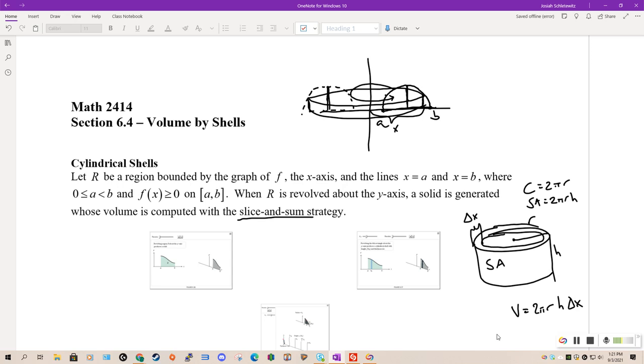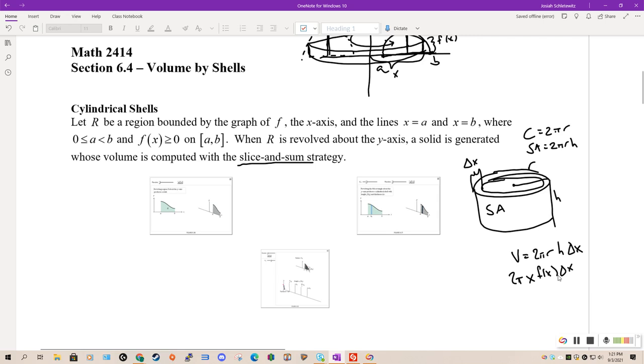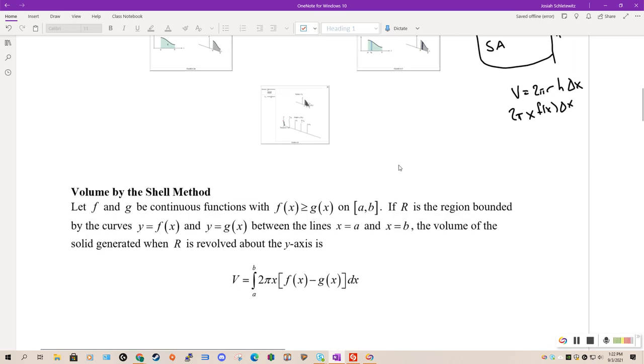So we're looking at our volume here is going to be 2 pi, we'll have x. Then our h is going to be the height of our function, f of x delta x. And we'll go ahead and add up all those cylinders. But we know that that means we're going to end up integrating, turning this guy into dx. So that's our shell method.